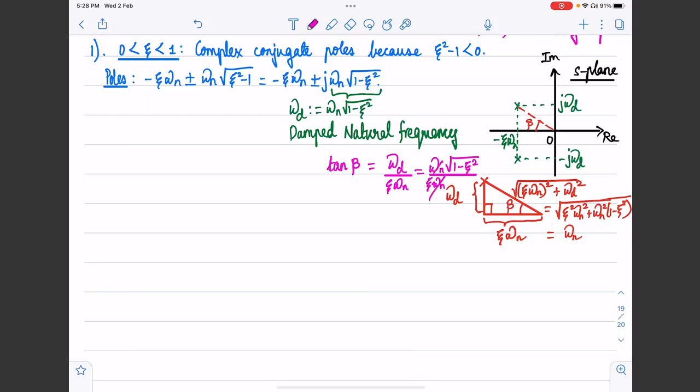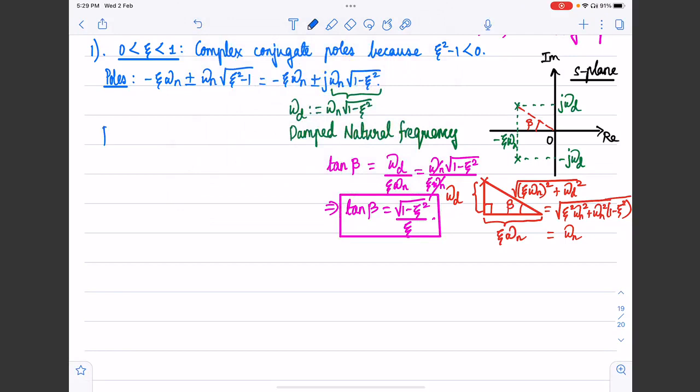Omega n and omega n cancel, so I have tan beta equal to square root of 1 minus zeta square divided by zeta. Please remember this, as we'll be using it later on.